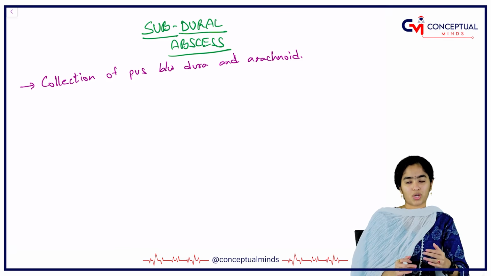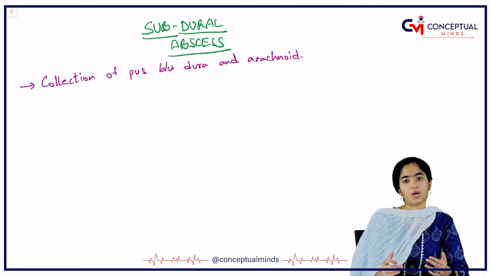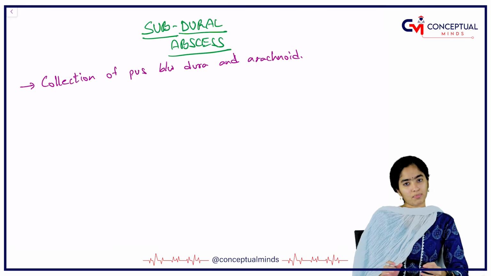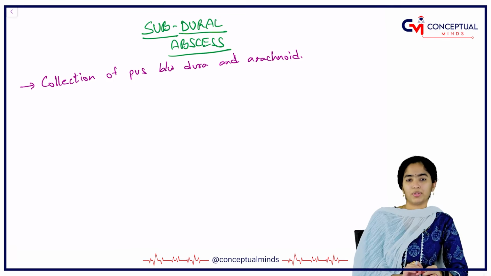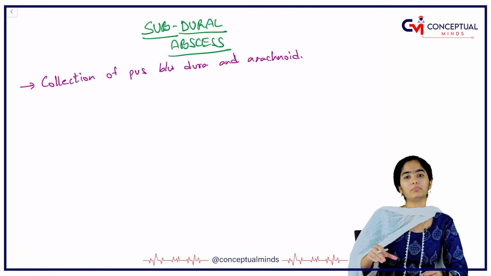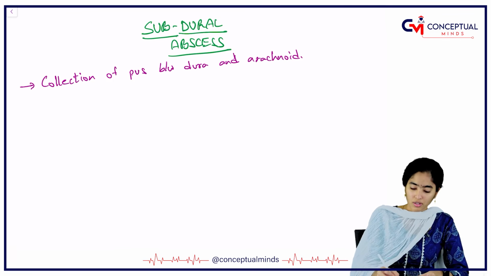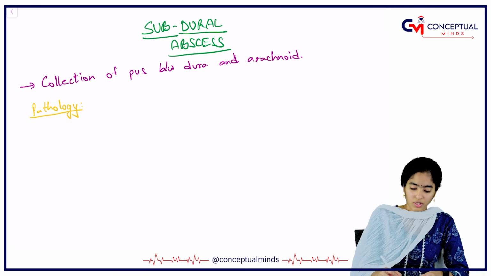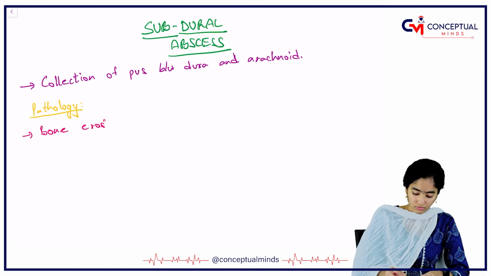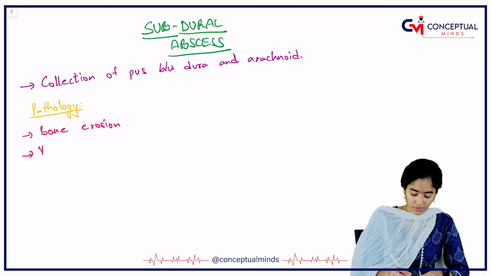As the pus keeps on rising, the pressure symptoms keep on increasing. There is another possibility that the pus can get loculated at various places in the subdural space and they can form multiple subdural abscesses. So, this is the pathology of subdural abscess. The infection spreads via bone erosion or venous thrombophlebitis.